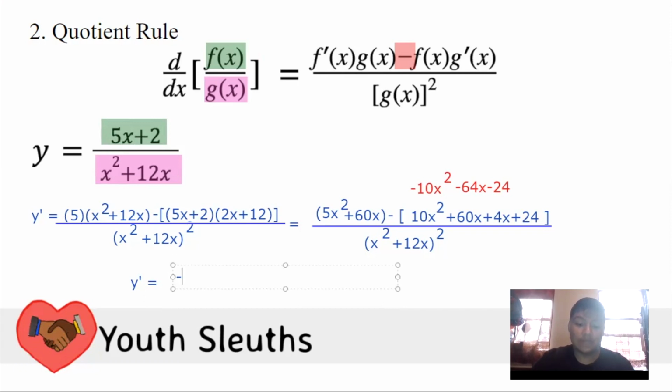So we'll have negative 5x squared. 60x minus 64x. So we have minus 4x. And then negative 24. And then again, we bring our denominator.